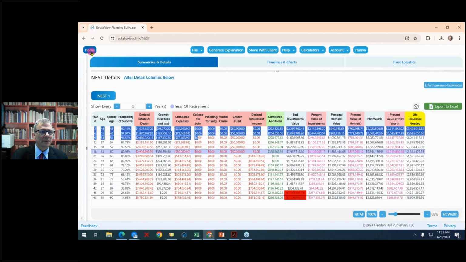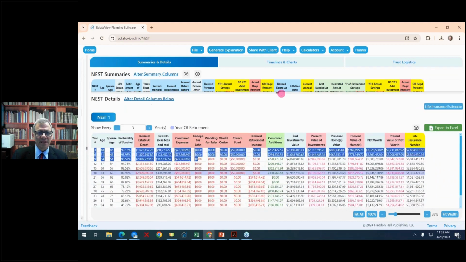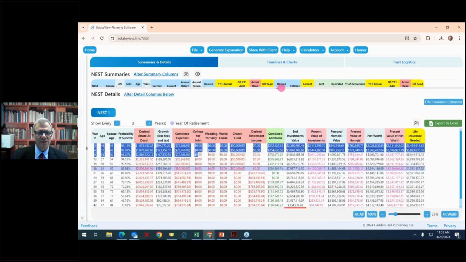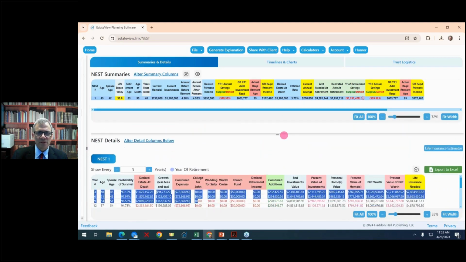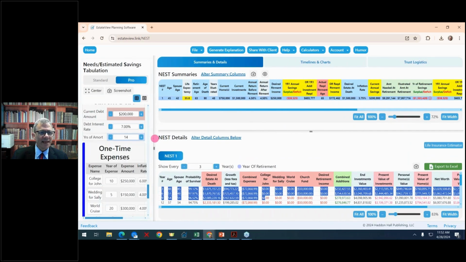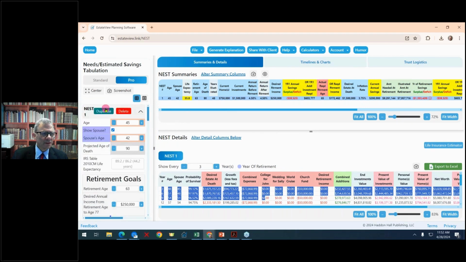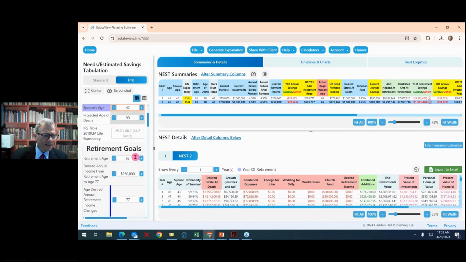Okay, go back here. And again, I can move the spreadsheet up or down by clicking on the horizontal line and moving the spreadsheet up or down. And if I want to show them a second alternative, I can click on duplicate.